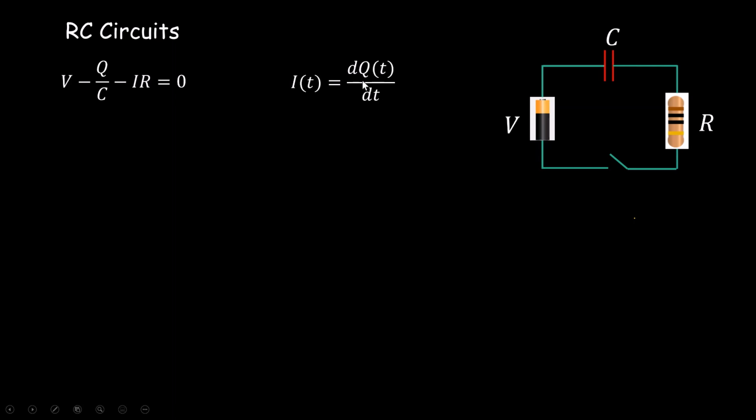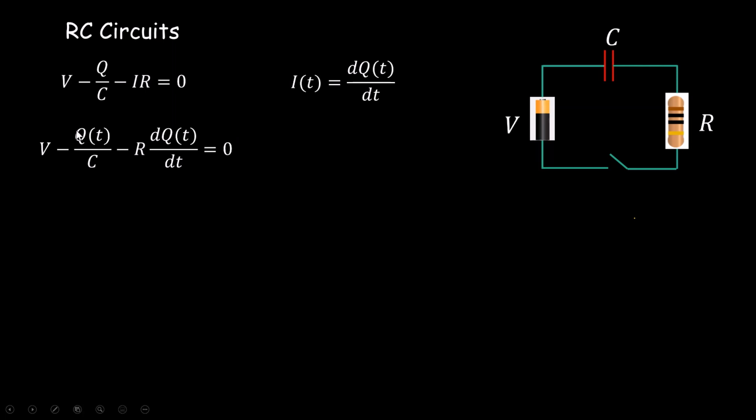And I want to put that back in terms of I so that I get everything in terms of Q. So if I do that, it will be V minus Q over C minus R times dQ over dt equal to 0. And this is an equation that involves a function Q and its derivative with respect to time. And now I need to solve this equation. This is called a differential equation, and I want to solve this differential equation.